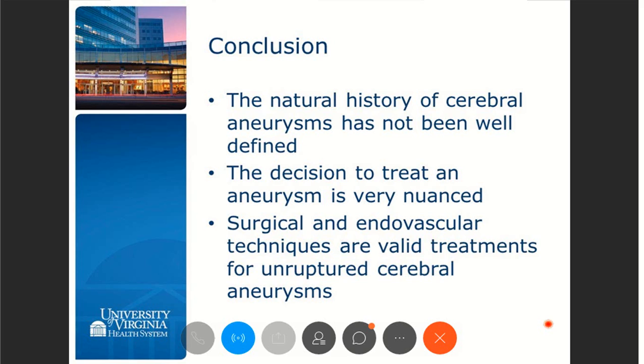But we have had multiple devices in the past that were supposed to fix everything. The Onyx 500 was one type of solution to high-risk aneurysm that turned out to be much less of a leap forward than we had suspected, and we are no longer using liquid embolic.